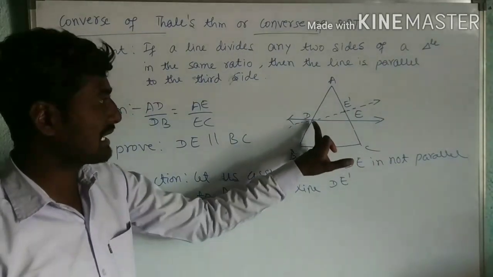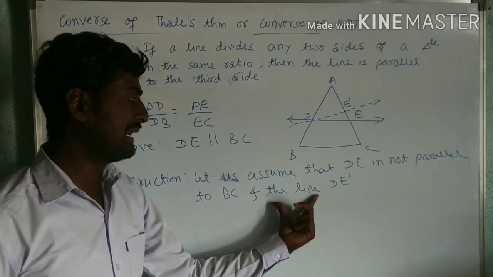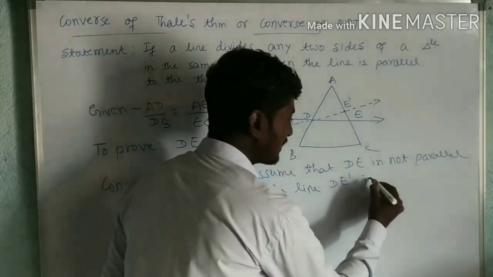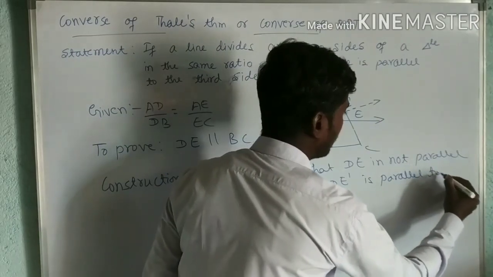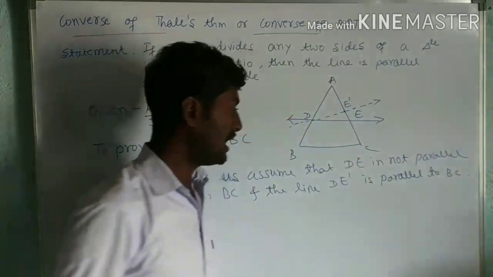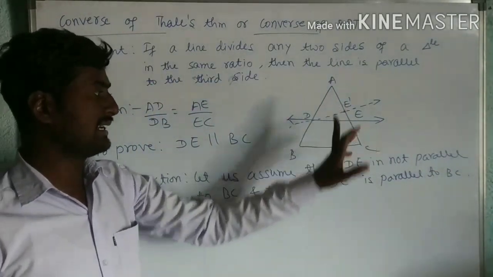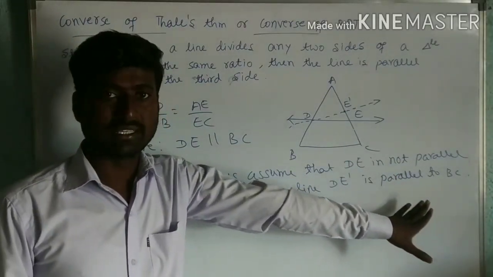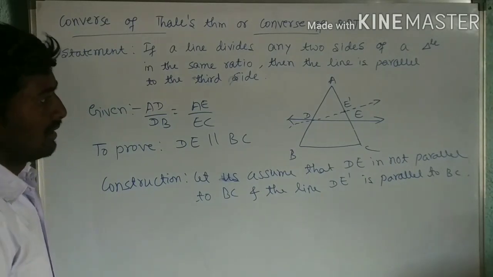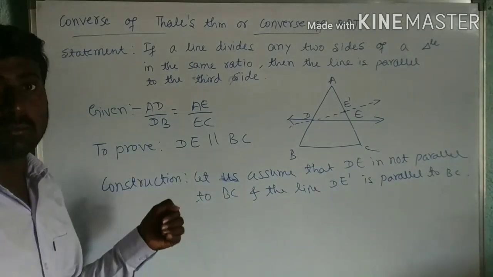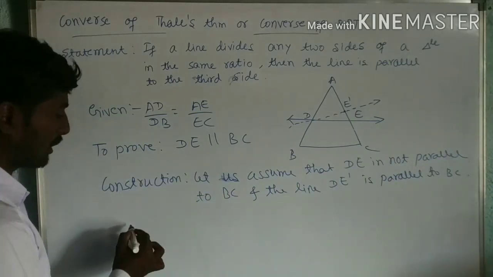I have taken that line as DE dash, which is parallel to BC. Now this is all about the construction. Now I am going to prove it.